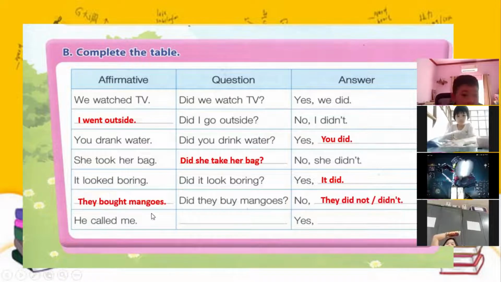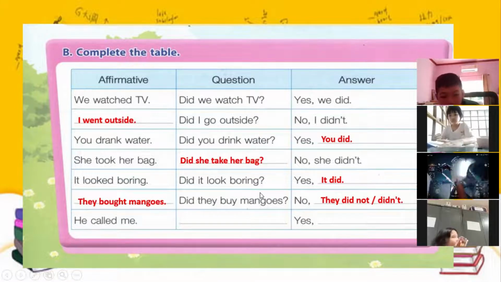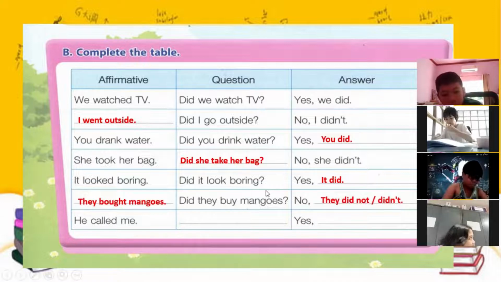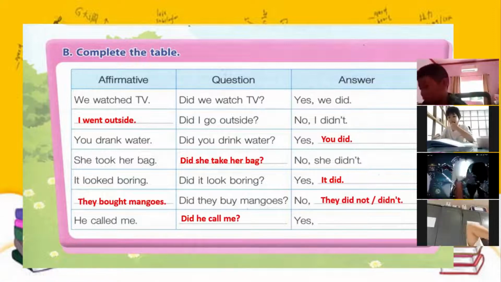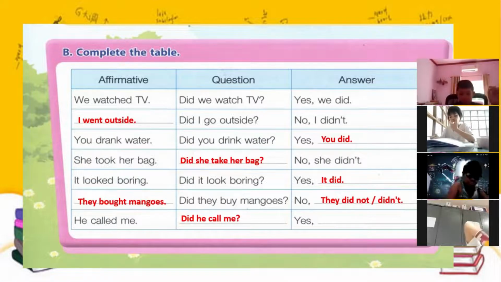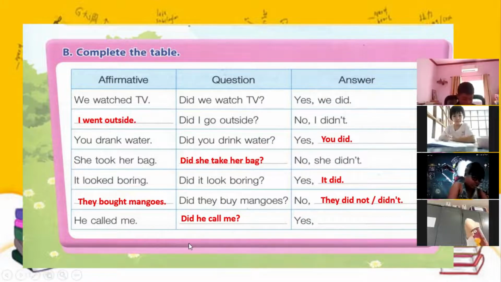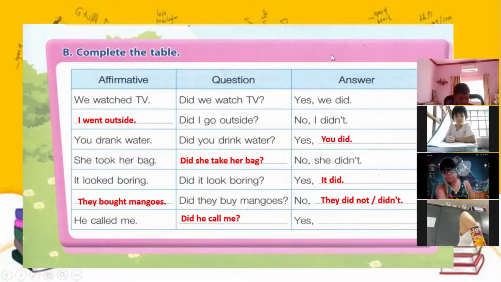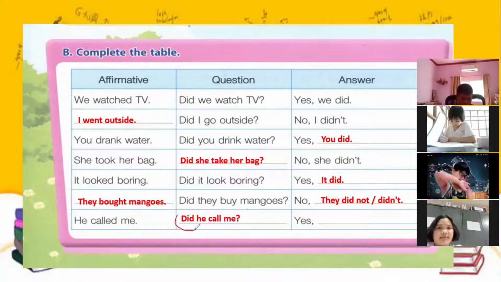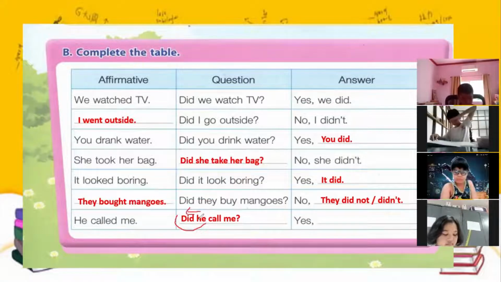Okay, last sentence. He called me. Matum, can you change it to a question? He didn't call me. Or did he call? A question. Did he call me? So did, as I already mentioned in a question, will come before the subject, right?